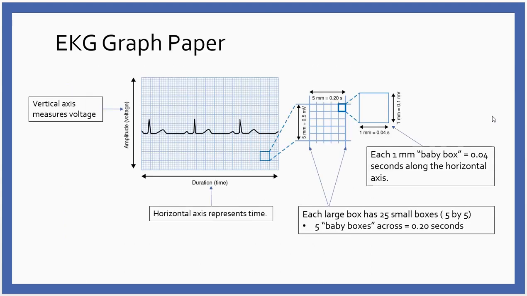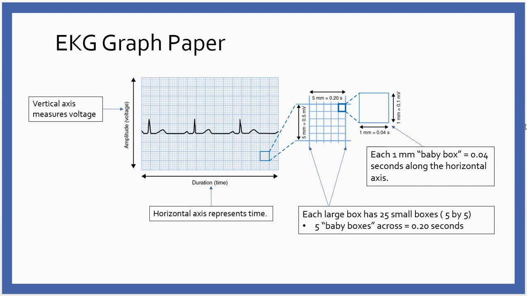When we're looking at EKGs, you're going to notice that it's printed on this weird graph paper. The printout can be a strip that pops out of the monitor defibrillator, or it can be printed on an 8.5 by 11 inch sheet of paper where we have up to 13 seconds or so of strip at a time. Regardless of how it's printed, when you look at the paper, you notice there's a series of boxes.